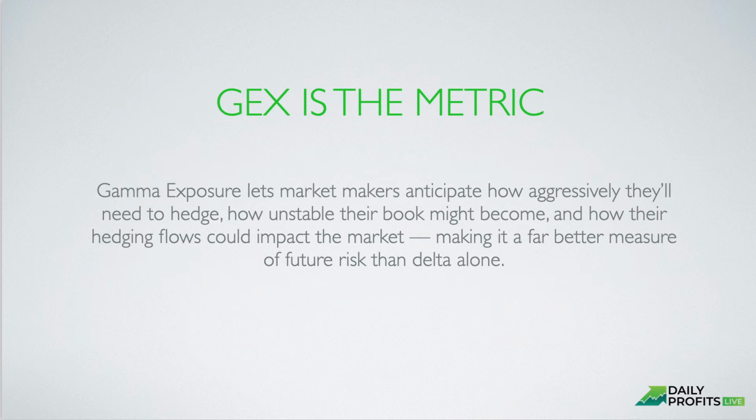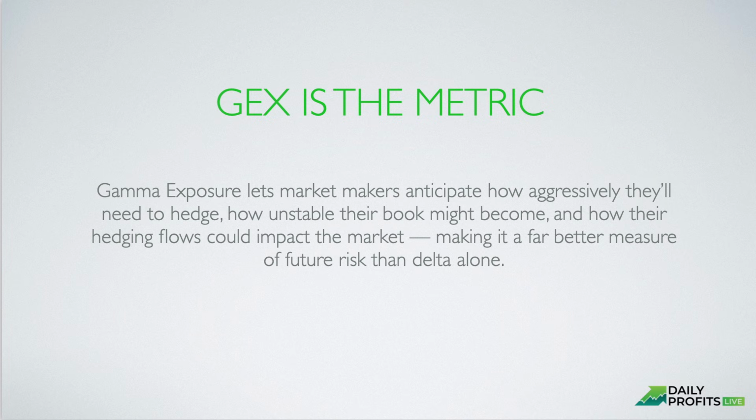And we can also use gamma exposure to help us figure out what we think is going to happen in the market and take trades based on that, right? So gamma exposure lets market makers anticipate how aggressively they'll need to hedge, how unstable their book might become, and how hedging flows could impact the market, right? So this makes it a far better measure of future risk than delta alone.